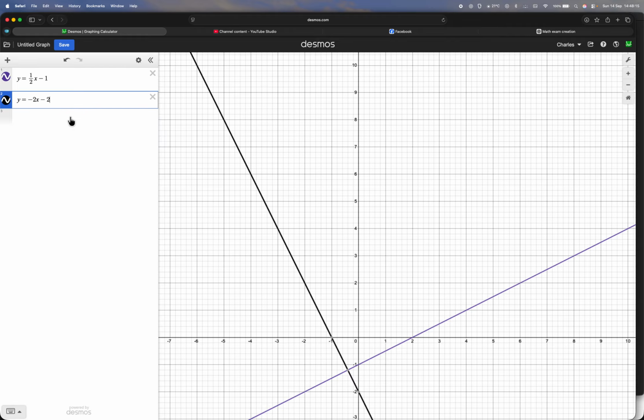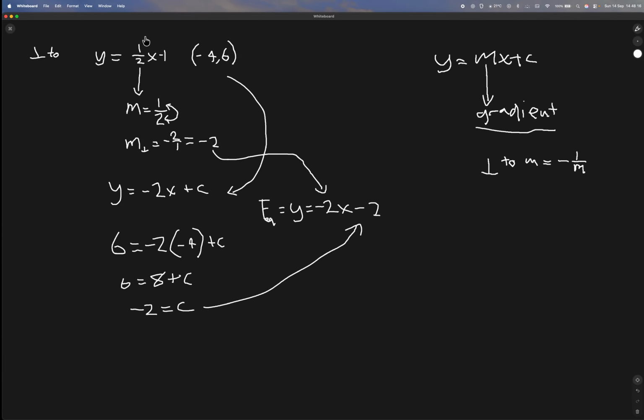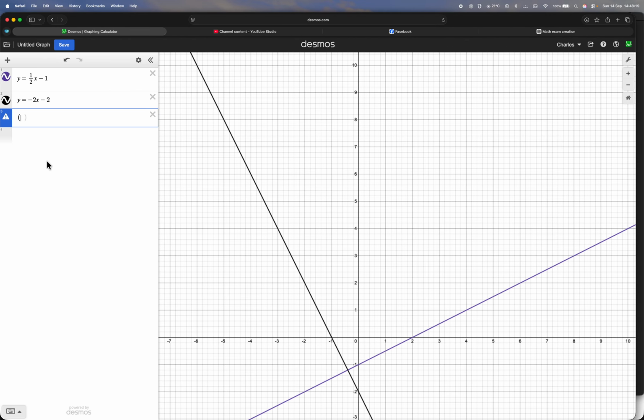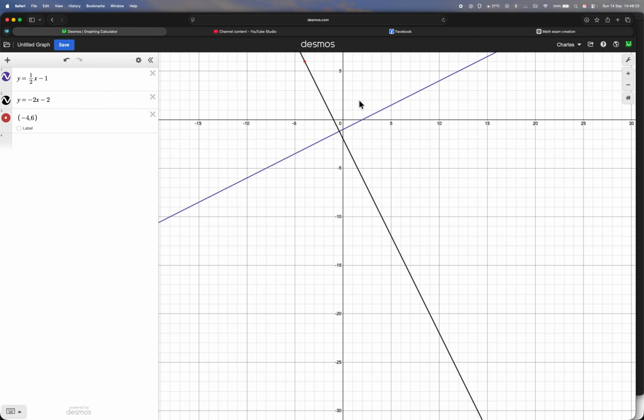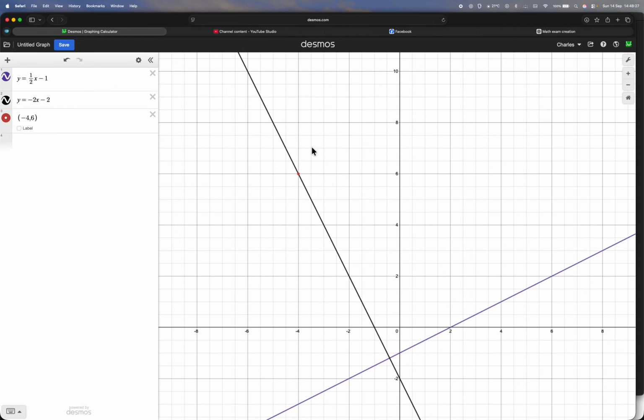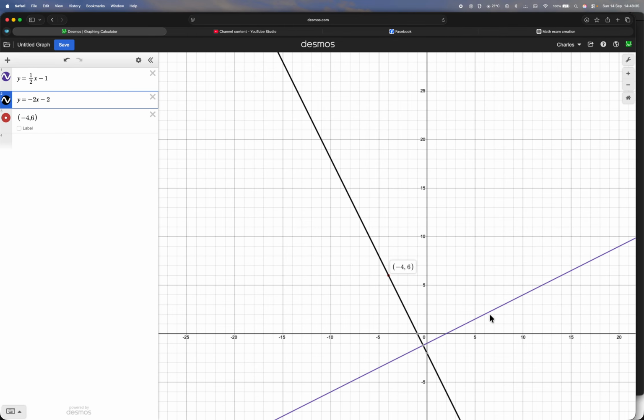And then we're looking for the point -4, 6. Where is that point? There it is. So we can see that our line passes through that point, and it is perpendicular to this original line here.